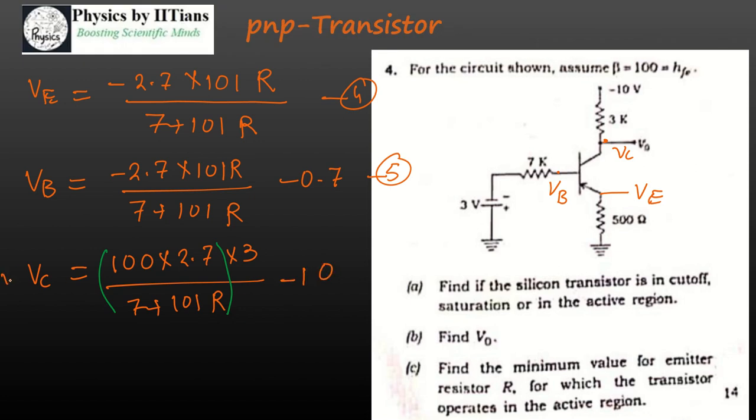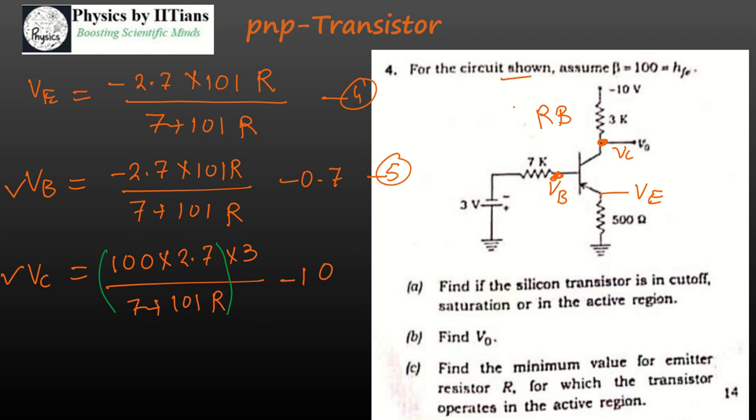So this is my VC voltage and this is my VB voltage. What I want to know is that we want this particular junction to be in reverse bias region, because we want the transistor to operate in an active region, so that this collector base junction should be reverse biased.